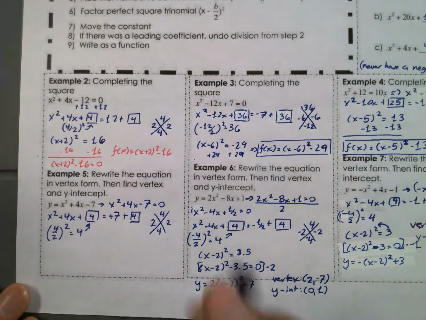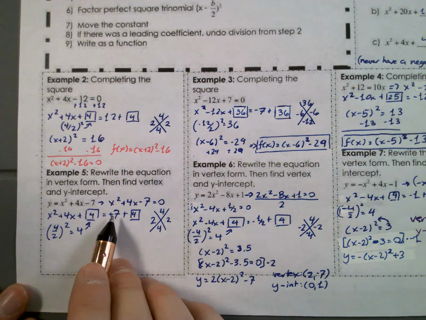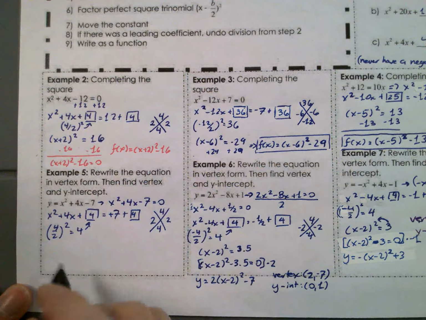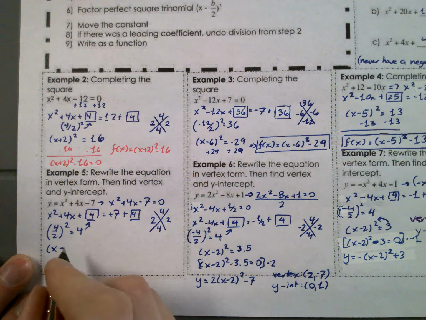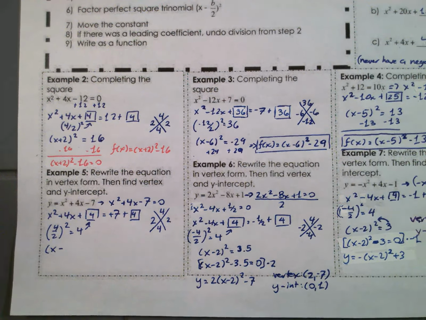Okay. So from there, we then would factor the perfect square trinomial. Okay, this is a perfect square trinomial. It's just going to be x. Let's see.